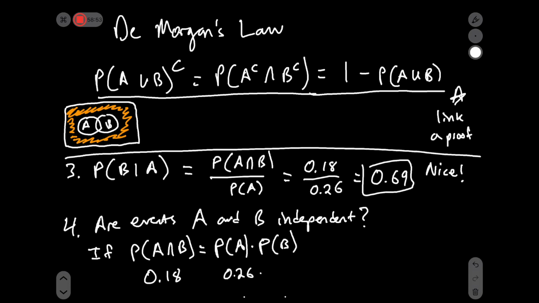And what is 0.26 times 0.45? That's going to be 0.12. So we can see that these 2 values are not equal, and therefore the events are not independent.